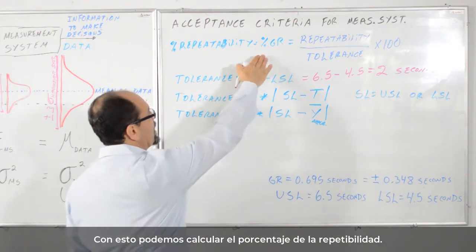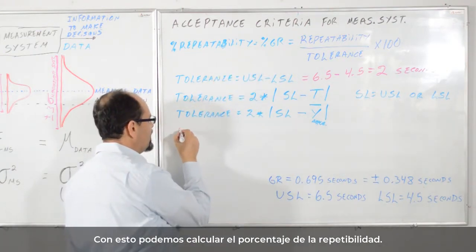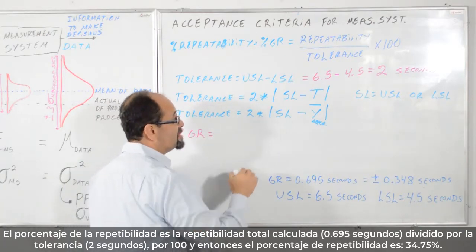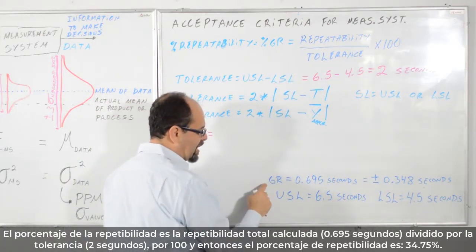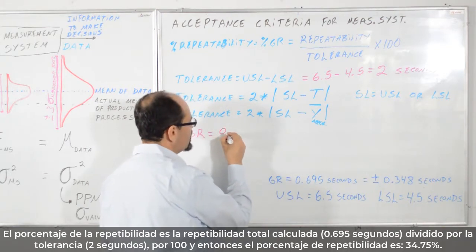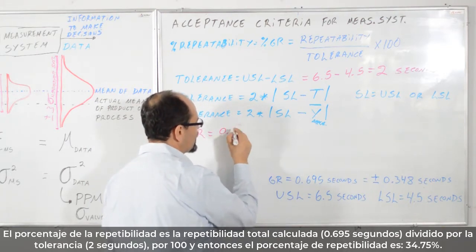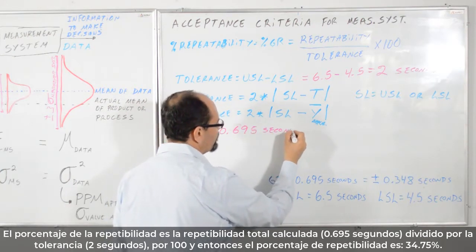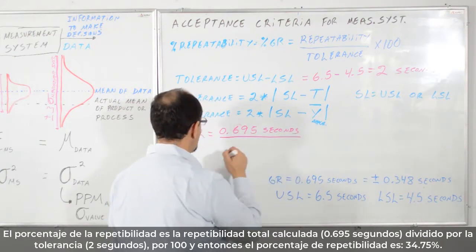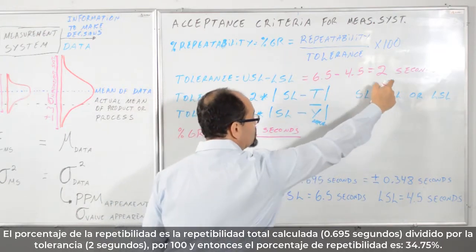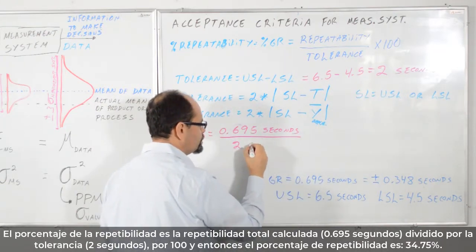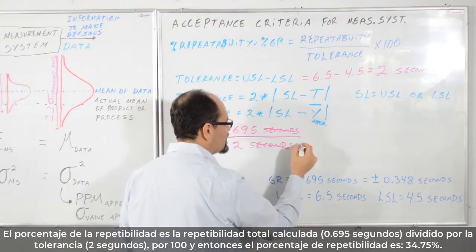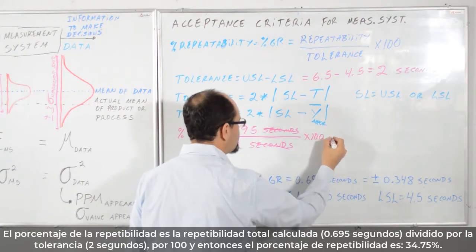With that one, we can calculate the percentage of repeatability. The percentage of gauge repeatability is the total repeatability that we are having here, 0.695 seconds, divided by the tolerance, which is 2 seconds, times 100.